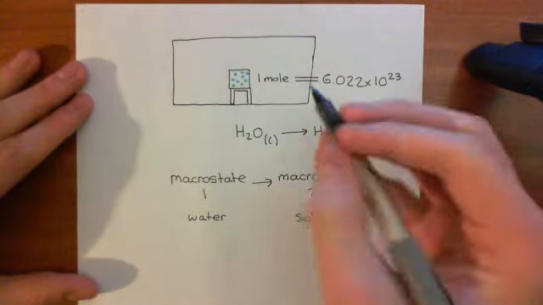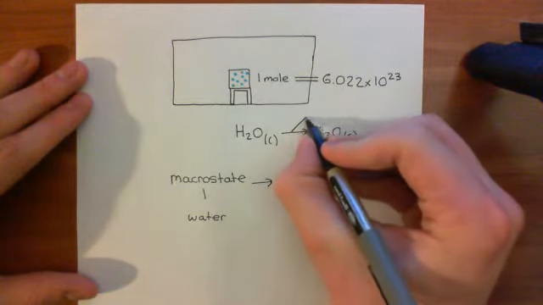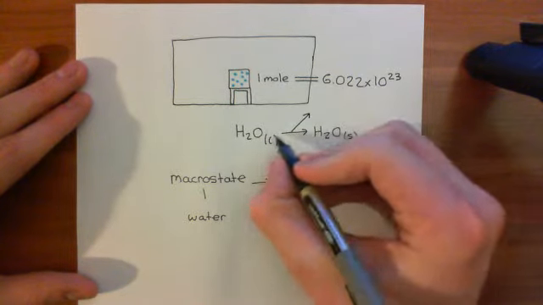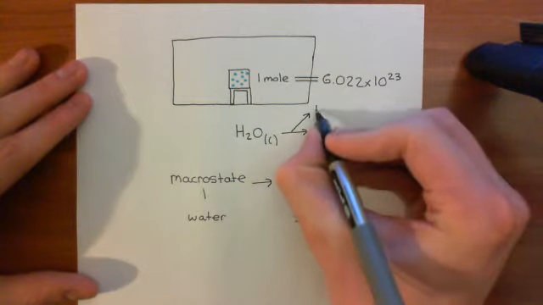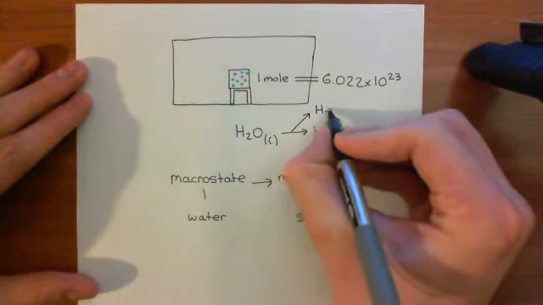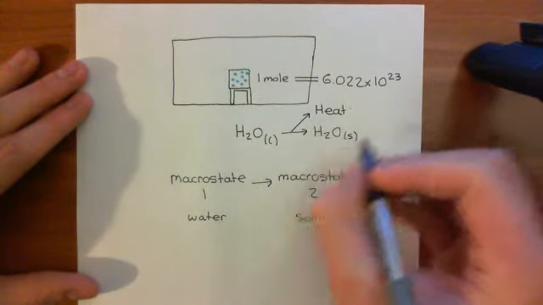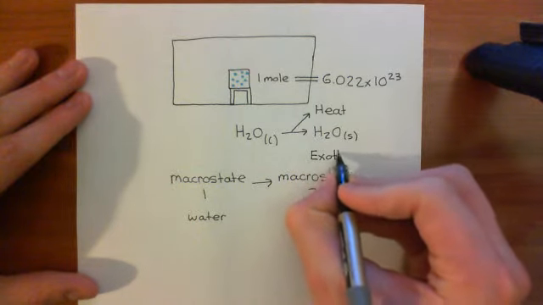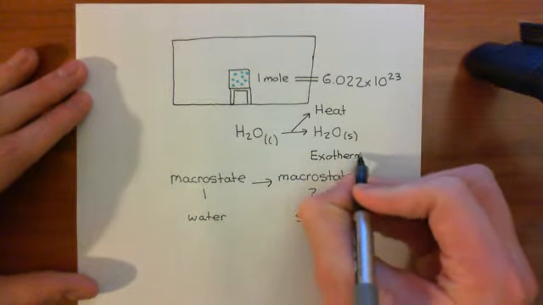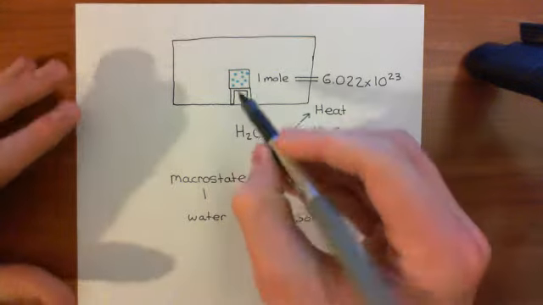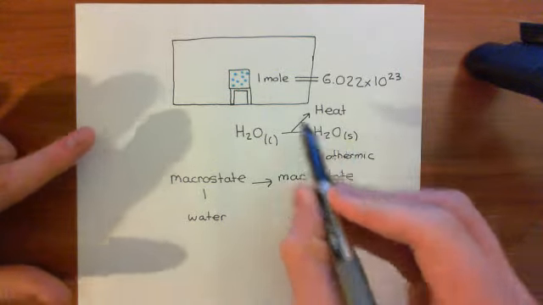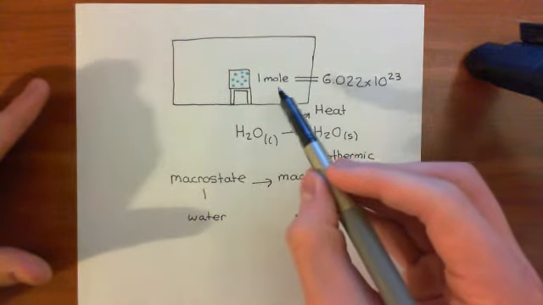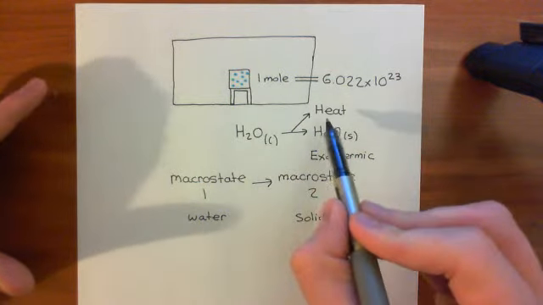The reason this is going to be allowed by the second law of thermodynamics is that when the water turns to a solid, it's going to give out heat. This is an exothermic transformation. It's going to release heat.